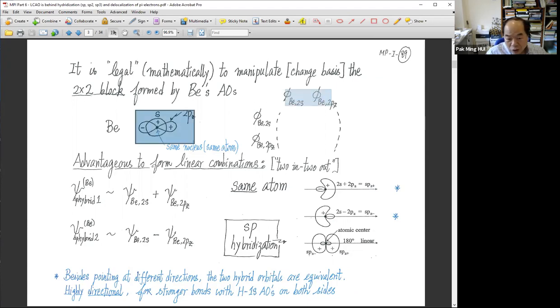I want to change the bases by adding the beryllium 2s and 2p and subtracting them. Now I'm not writing down the normalization, 1 over square root 2, things like that. That will come next if you want to do it quantitatively. But the idea is just changing basis for this particular atomic block.